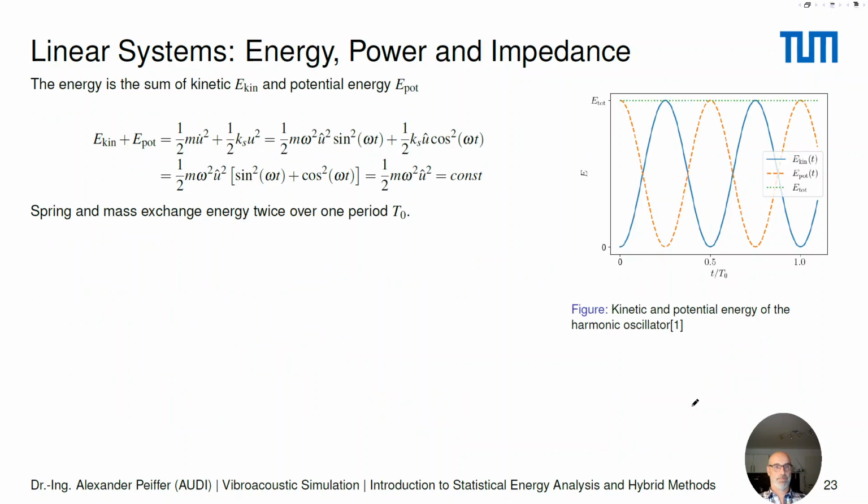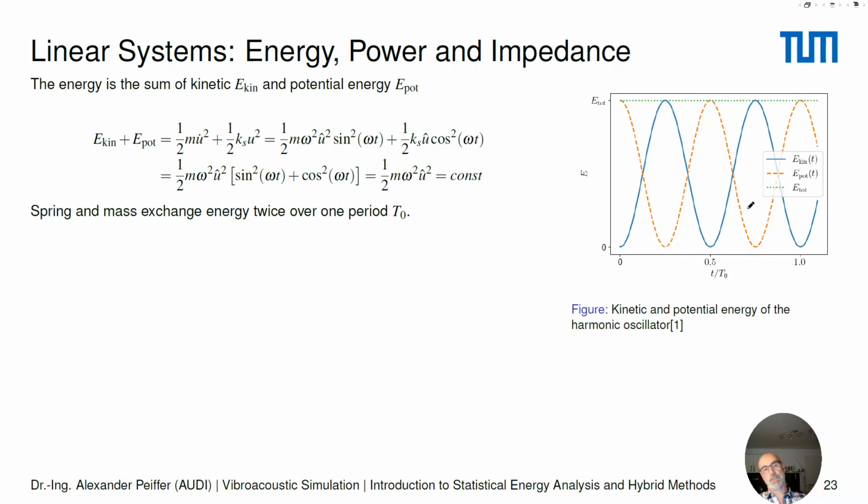Now we come to the first step into our world of energy, power, and impedance, which is to have a look at the energy of our oscillator. We have two components of the energy, kinetic and potential energy, written by this equation. If we go through the math, we end up with a constant energy value that depends on the maximum displacement by this equation.